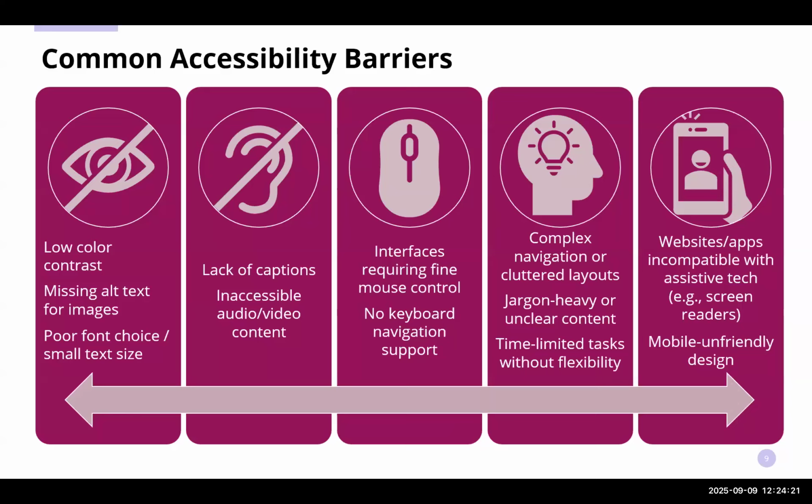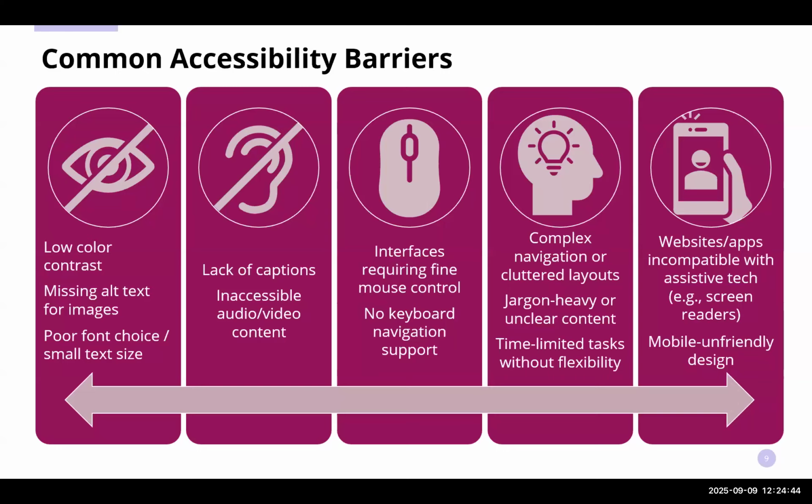Now that we have covered the POUR principles, let's zoom in on what actually gets in the way of accessibility in real learning environments. Barriers come in many forms, and they're not always obvious. Maybe it's a video without captions or a navigation menu that only works with a mouse.